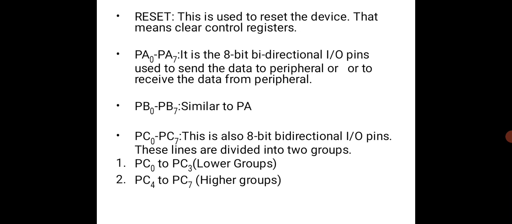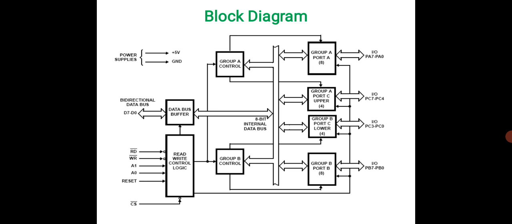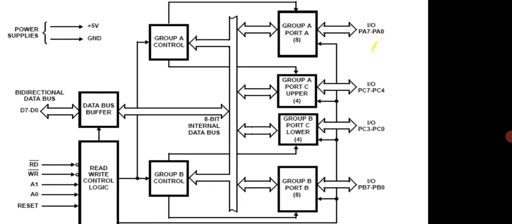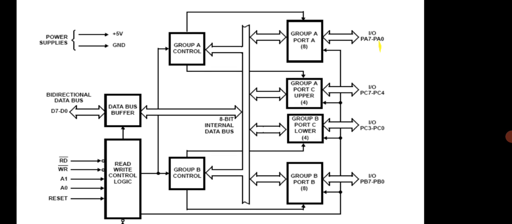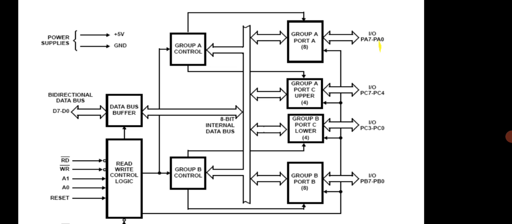Similarly, port B is very similar to port A, and port C is also very similar to the remaining ports, but it is divided into 2 groups, where we call PC0 to PC3 the lower group and PC4 to PC7 the higher group. And this is the block diagram where you can see under group A we have port A and port C upper, and under group B we have port B and port C lower.